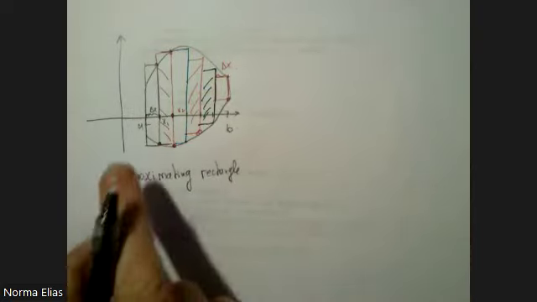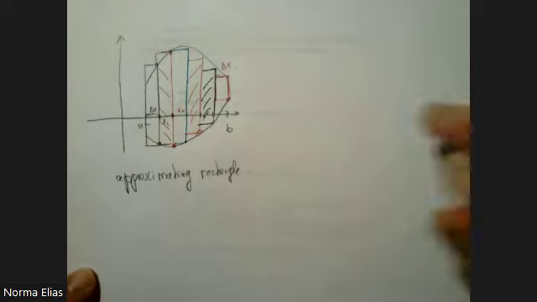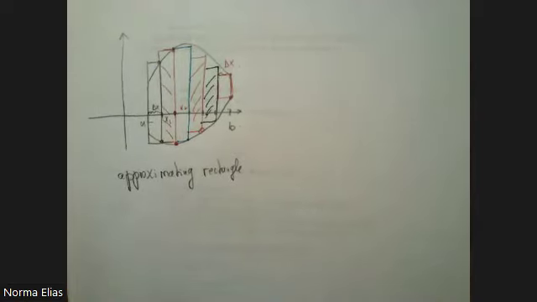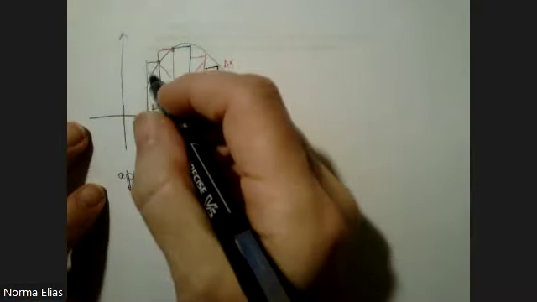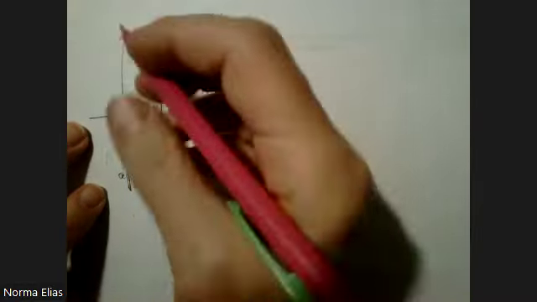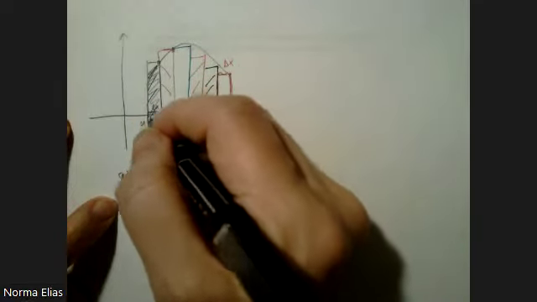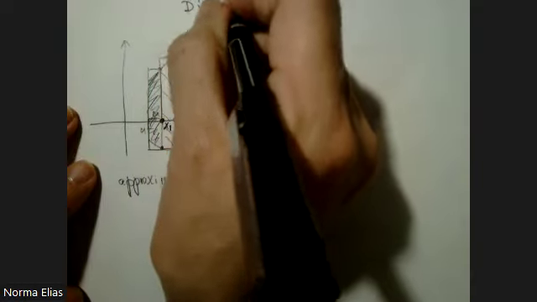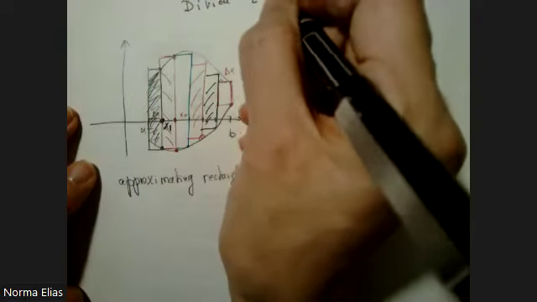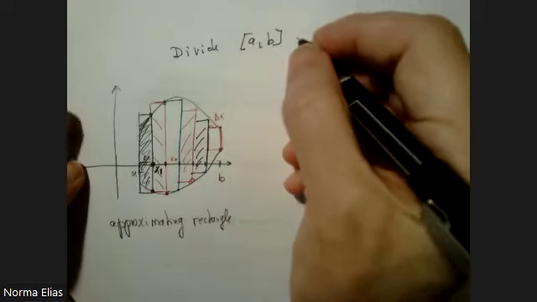I will focus first on the first one, and then I will do an arbitrary one that we are going to call the typical rectangle. So let me focus on the first one to help us. What's the area of this piece right there? I call this point x1. What's going to be the area of this piece? So I'm dividing AB. That's the idea. We divide AB into n equal subintervals.